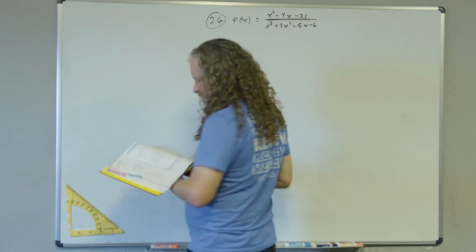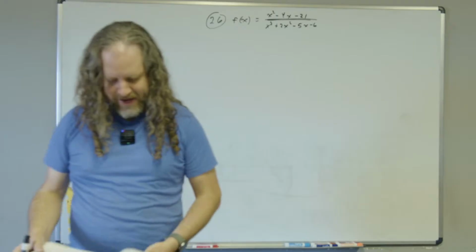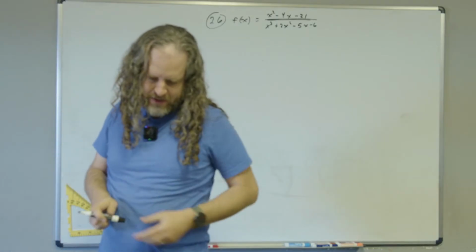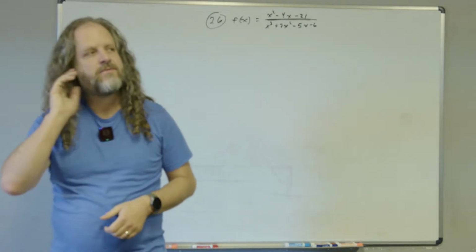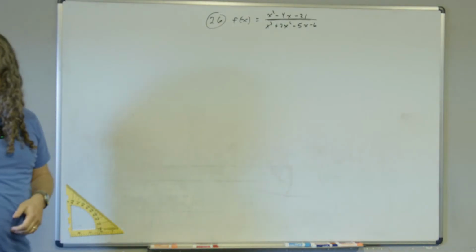And we are told to determine the asymptotes, holes, and intercepts, then graph it and state its domain. So, how should we do that?